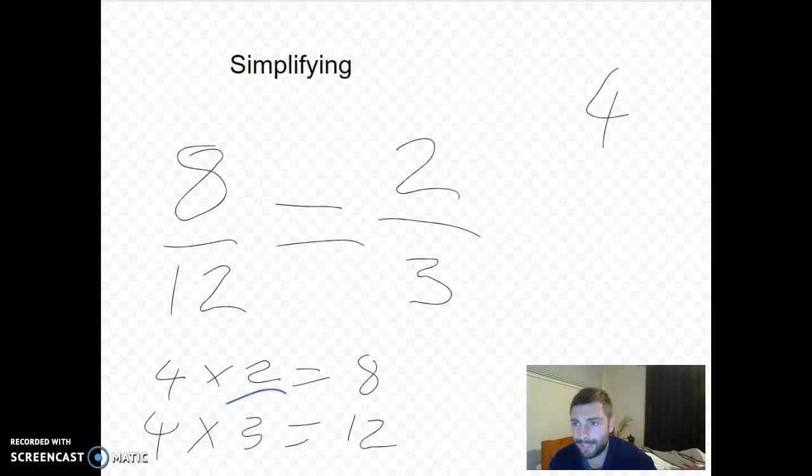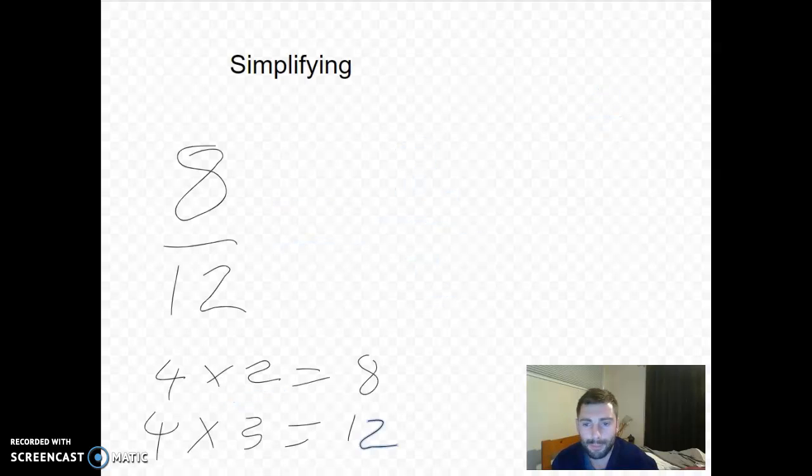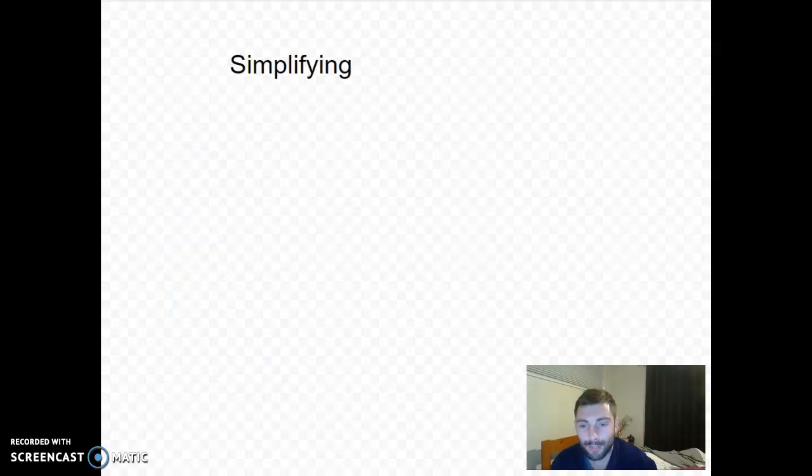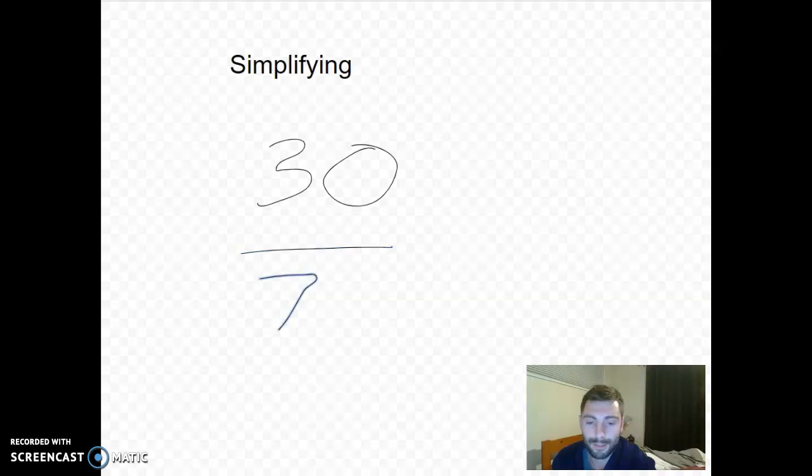Okay, so that's cool. But what about if we see a fraction that we want to simplify, but we don't see a times table straight away that fits for both of them? So we can't look at that and say there's a common factor straight away.